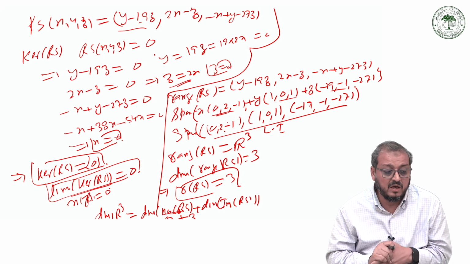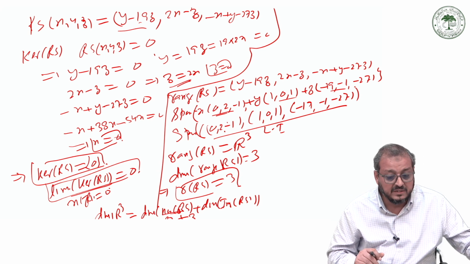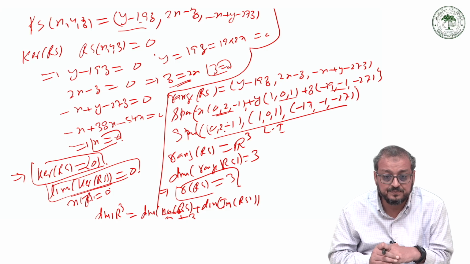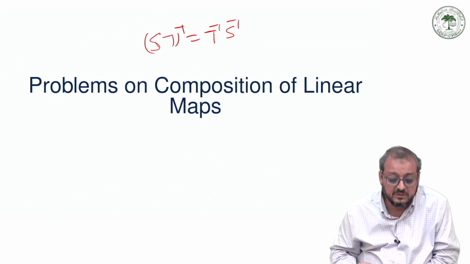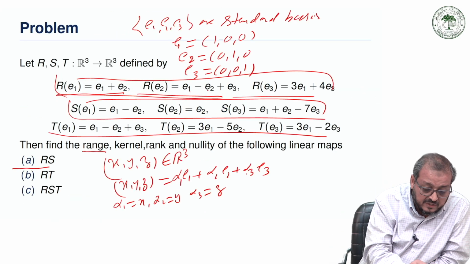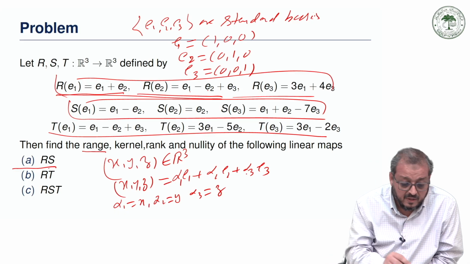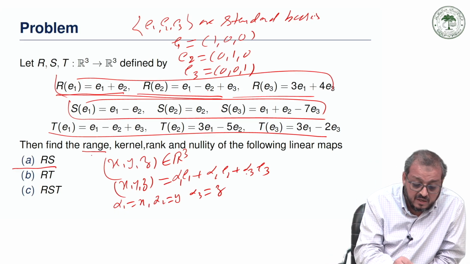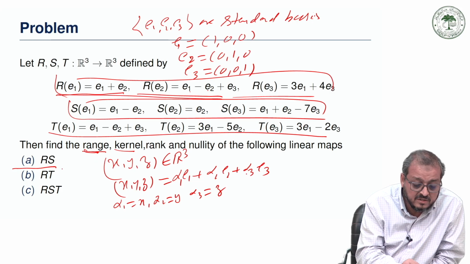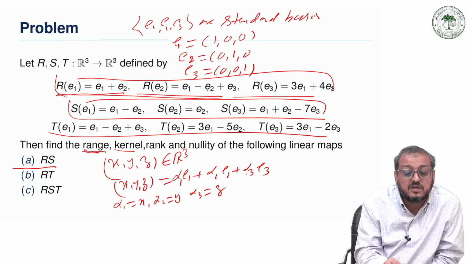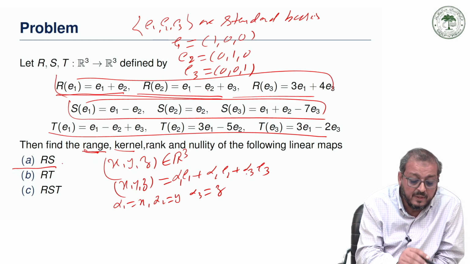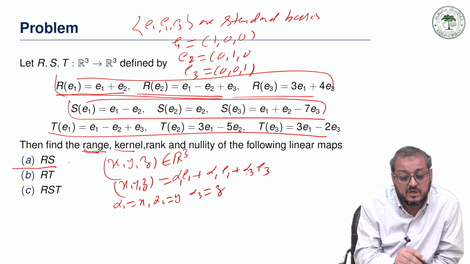Okay, so we have calculated the first part of this question. For RS we found that the range is equal to R3, the kernel is equal to 0, rank is equal to 3, and nullity is equal to 0.